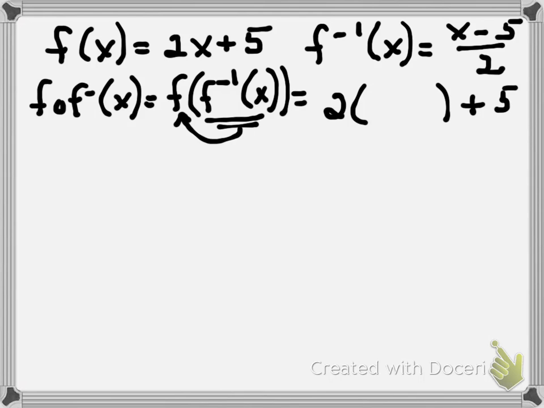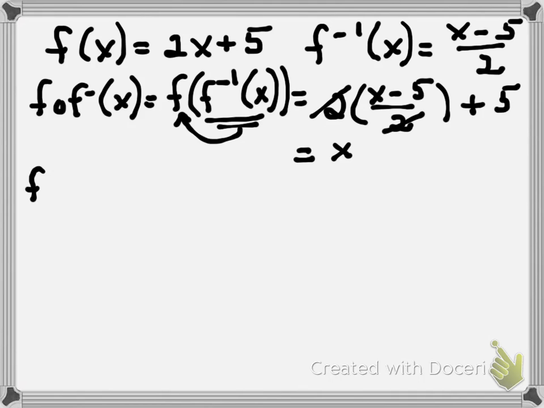In place of that parenthesis, I'm going to put the inverse, and simplify. Can divide out like factors. And then I have x minus 5 plus 5 is x. So when I put the inverse into f of x, I get x. That means this is the identity function. If I put in x, I get out x.